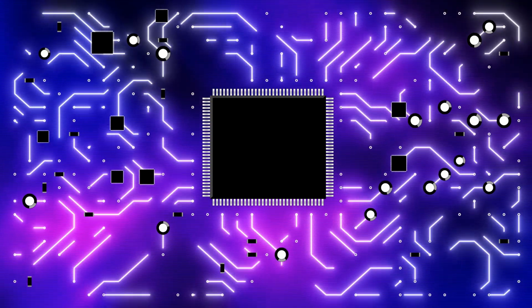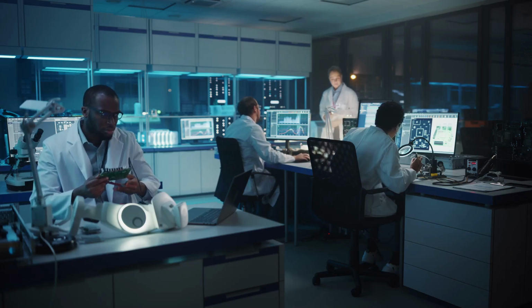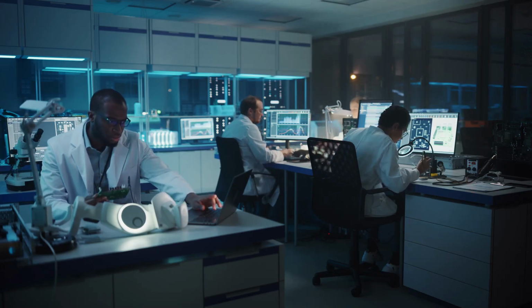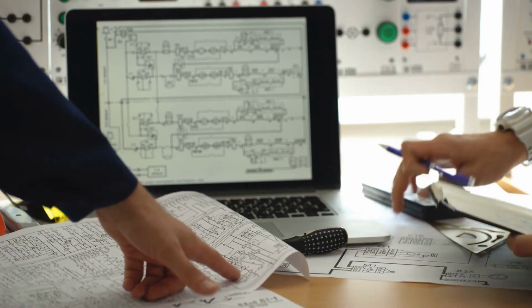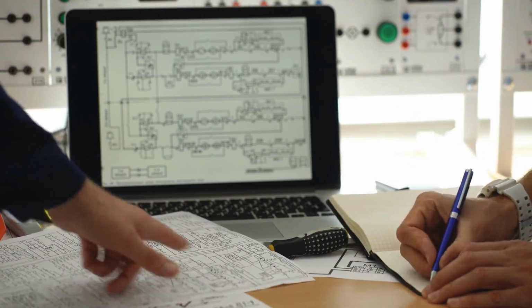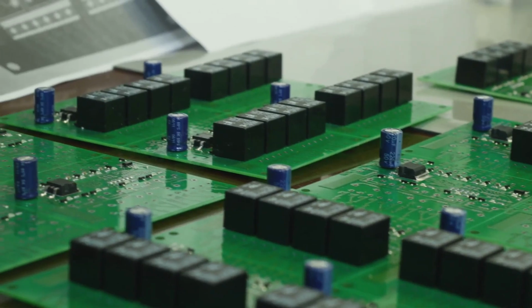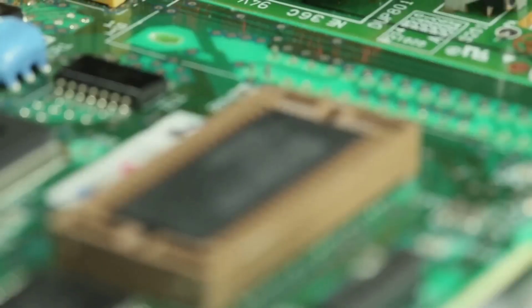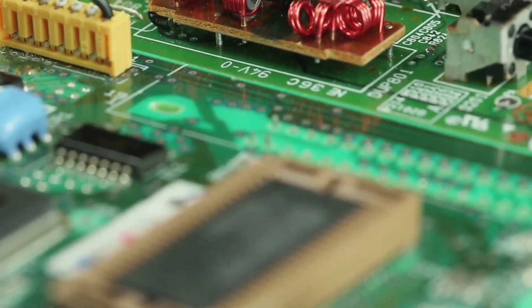The future of adders, faster and more efficient. As technology evolves, the demand for faster and more efficient adders continues to grow. Researchers and engineers are constantly working on new designs and techniques to push the boundaries of adder performance. One area of focus is reducing power consumption. As we pack more and more transistors onto chips, power efficiency becomes critical.